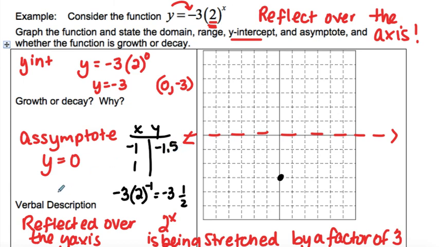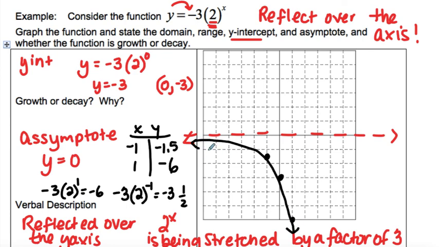Plug in 1, I get -3 times 2 to the 1, which gives me -6. So very similar to what we were just doing. We're just doing some things to the graph. So (-1, -1.5), and (1, -6) is going to be down here. 1, 2, 3, 4, 5, 6. And now this one's going to start here and go like this.